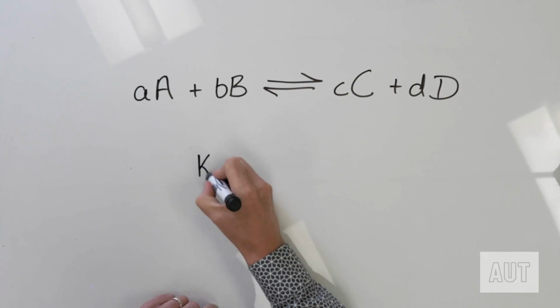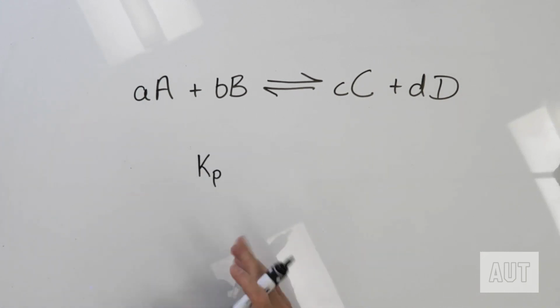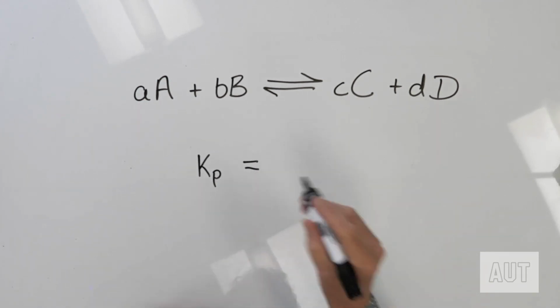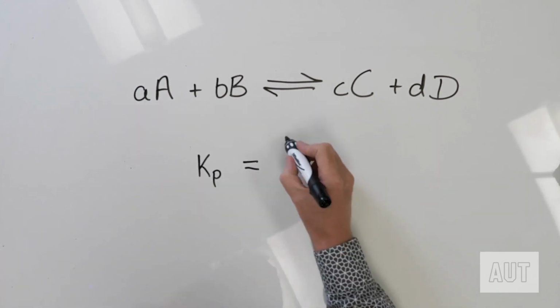I will show you that if we're not using concentrations but we're using pressures, then we have a thing called Kp, P for pressure, and then the expression becomes a little bit more complicated, and you'll see why we sort of shy away from this.